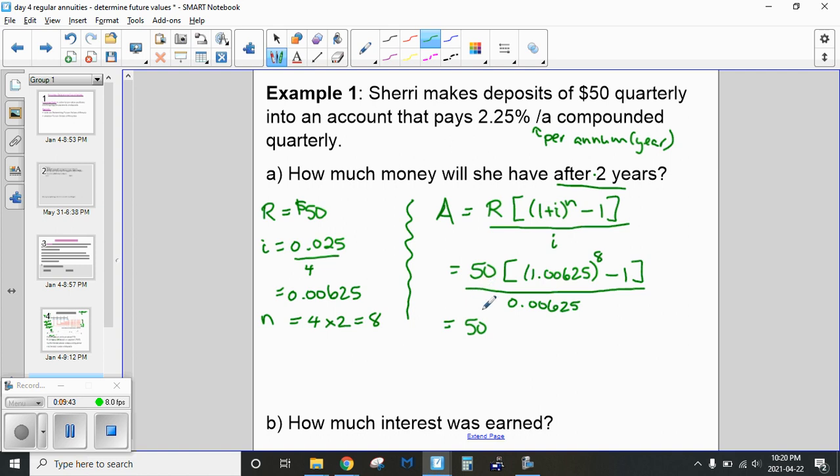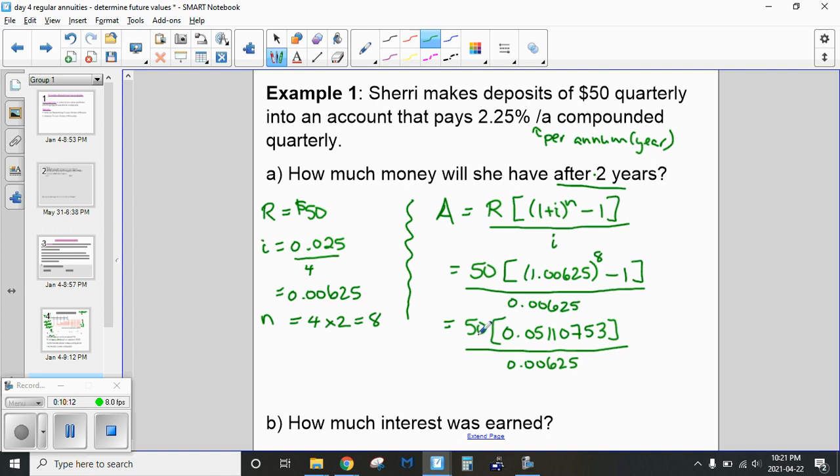So this square bracket, 1.00625 to the exponent 8. Find that first and then take away 1. The answer to that whole square bracket is 0.05110753. I'm keeping lots of decimals. I'm not really sure how precise I need to be, so I'm going to keep extras just to be safe.